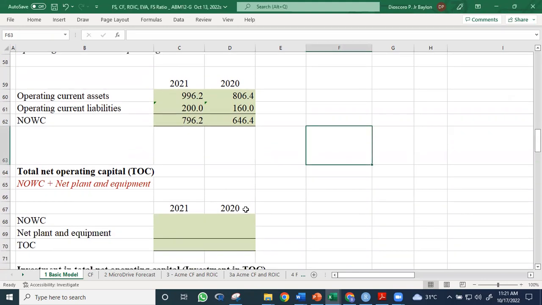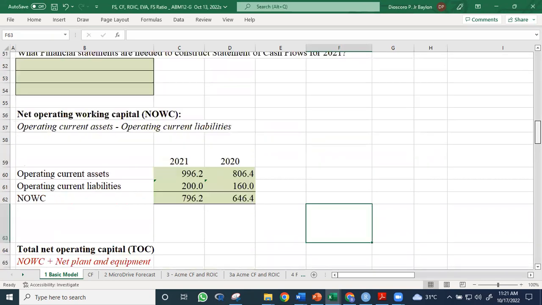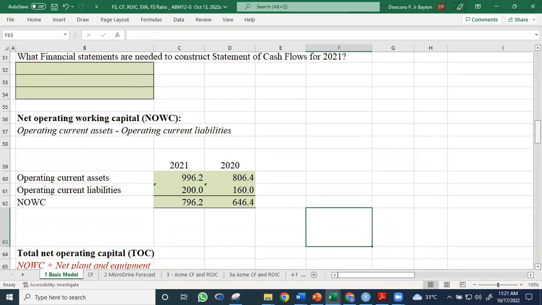Okay, now let's go to total operating capital. By the way, sorry, I forgot to discuss that. What we measured is the net operating working capital. There's another measure that makes no distinction between operating and non-operating items. Let me prepare my digital pad.